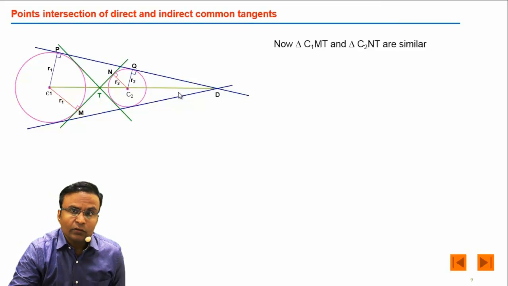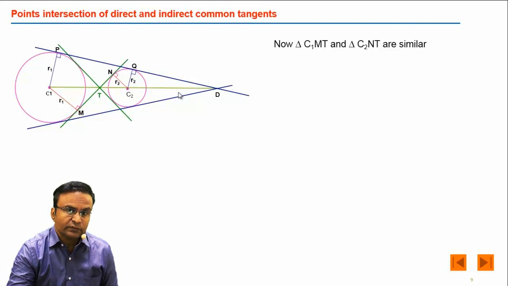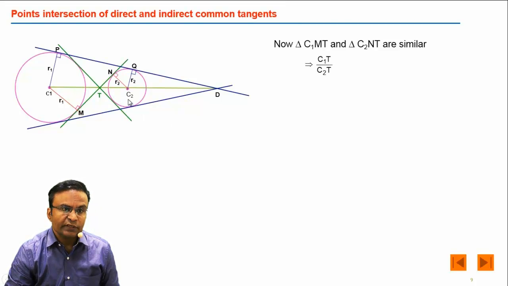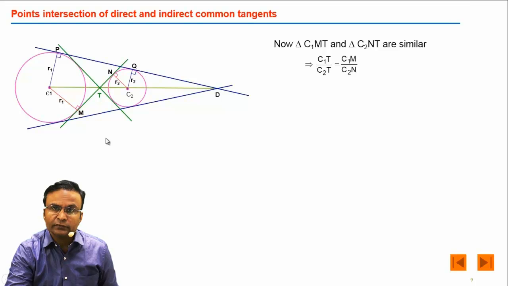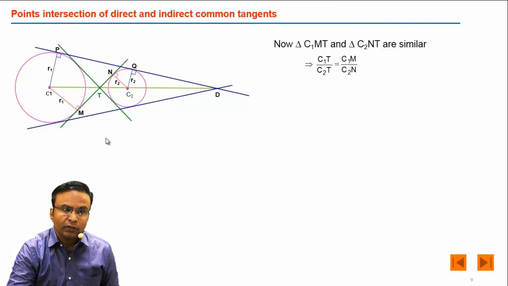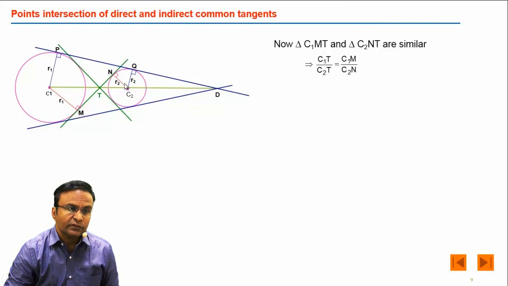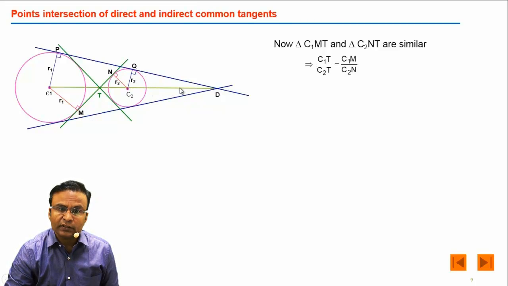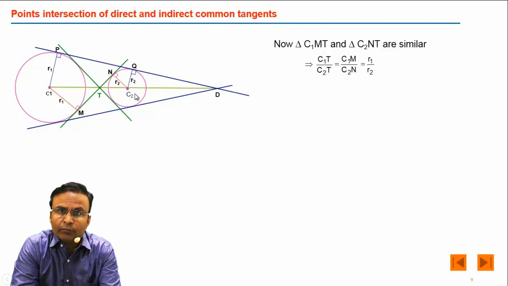Now that the triangles are similar, we can compare the ratio of their sides. That means C1T upon C2T is equal to C1M upon C2N. C1M is the radius of this circle, R1, and C2N is the radius of this smaller circle, R2. So we have this ratio as R1 upon R2.